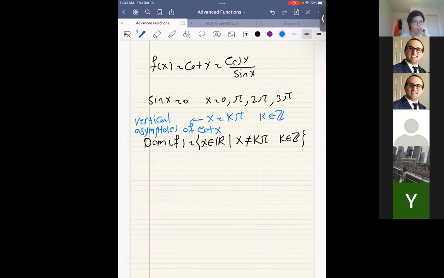So I want you to draw the graph of cotangent. Can someone draw the graph of cotangent and show it to us?